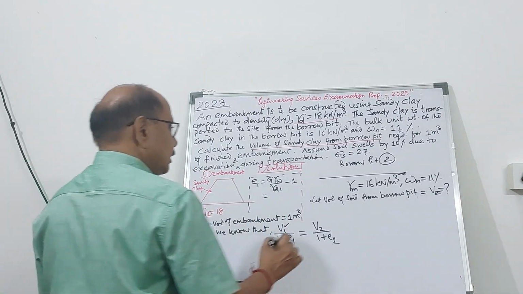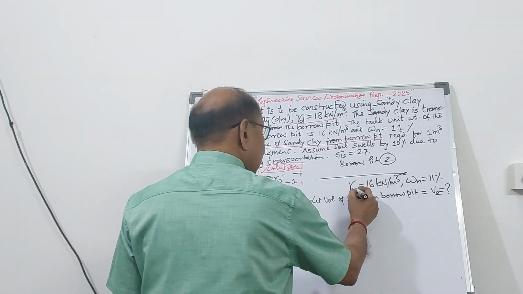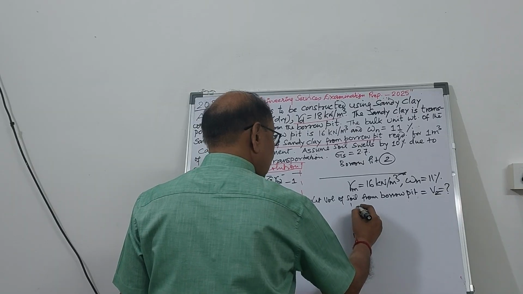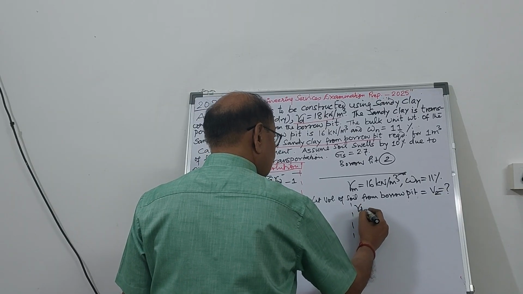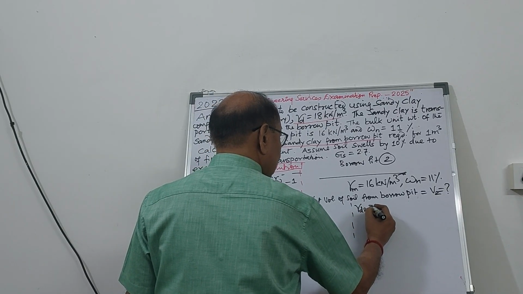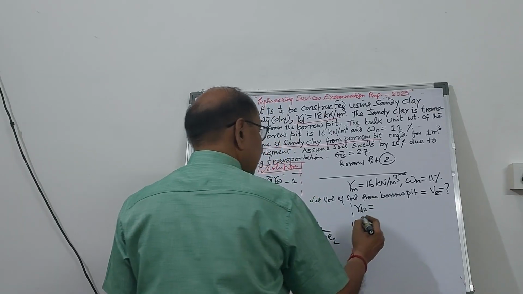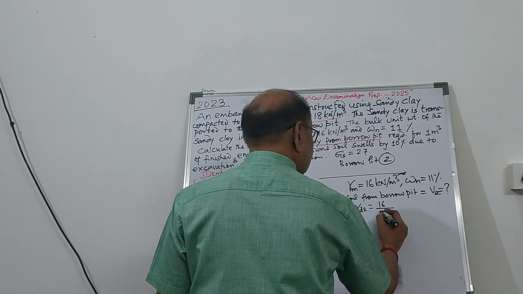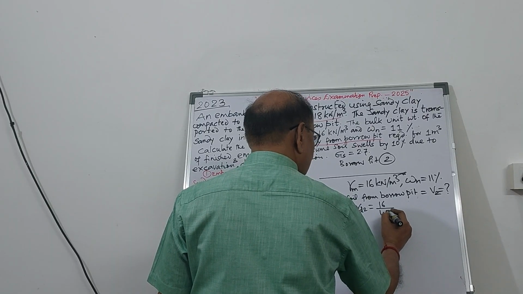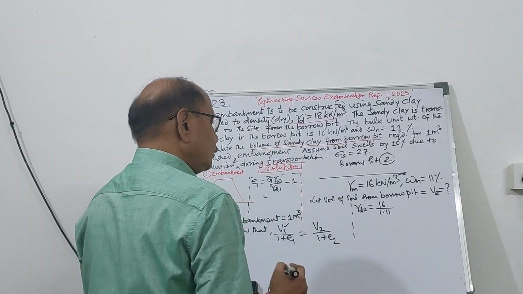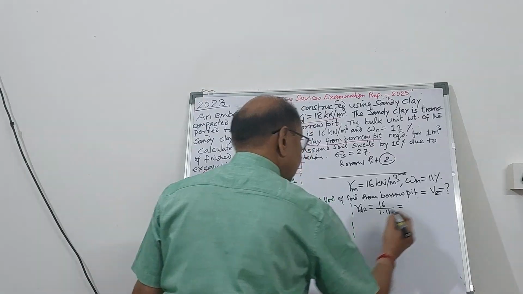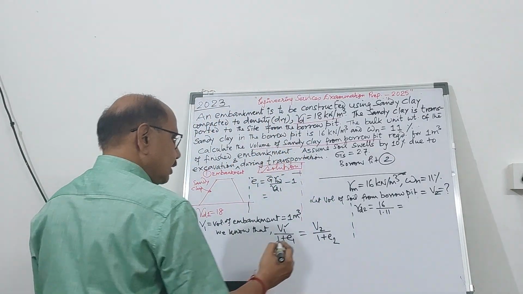And here gamma moist is known to us. So gamma D2, the dry unit weight, will be gamma M divided by 1 plus W N. So this we can calculate in kilonewton per cubic meter.